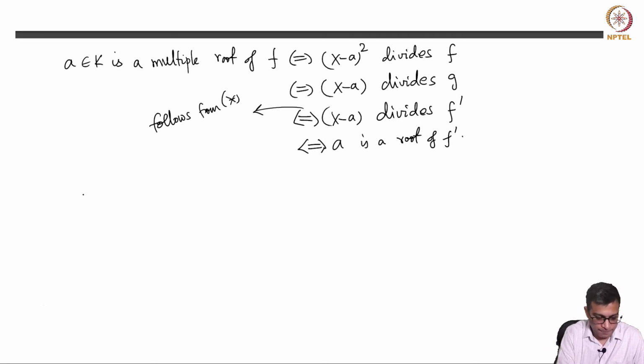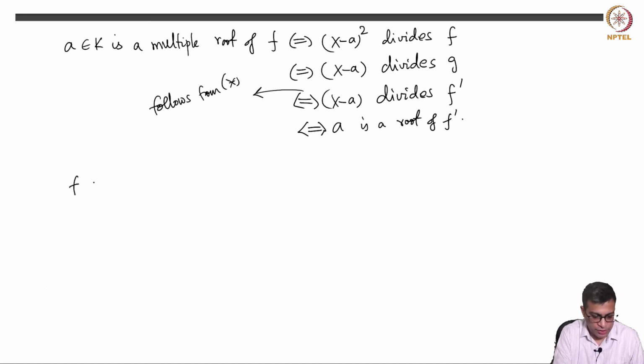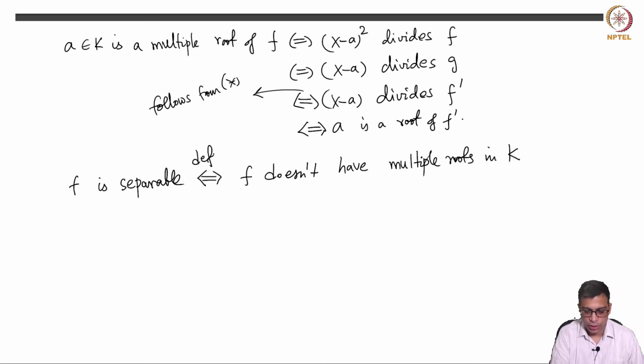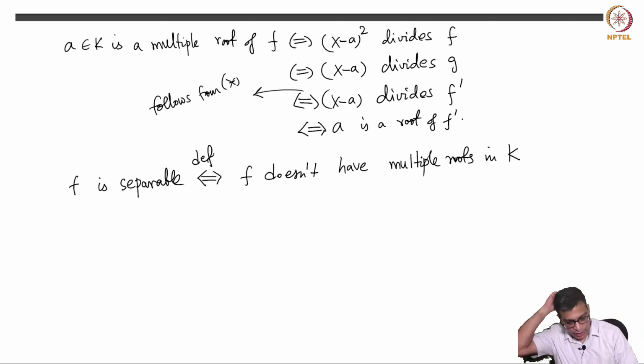Now let me write down a series of things. f is separable if and only if f doesn't have multiple roots in K. This is the definition. It doesn't have multiple roots in a splitting field, but of course it doesn't have multiple roots in any field where it has roots, because its roots are what its roots are.